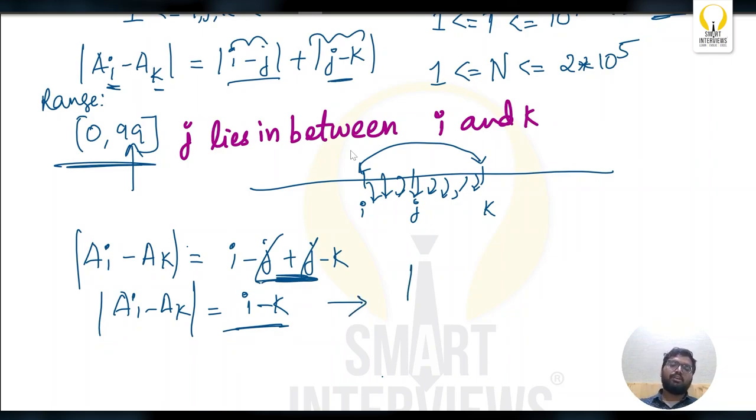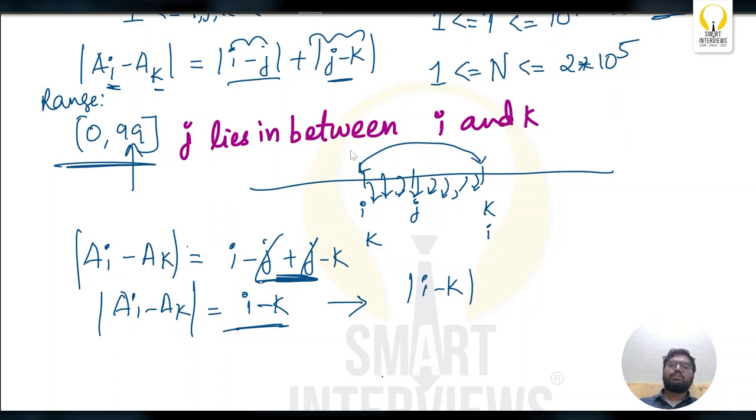Your answer can be simply i minus k, or it can be k minus i, because we never know. k can be here and i can be here, because we are always taking care of the modulus. So it can be i here and k here, or k here and i here, vice versa is possible. So to avoid that, we'll be writing |i minus k|.